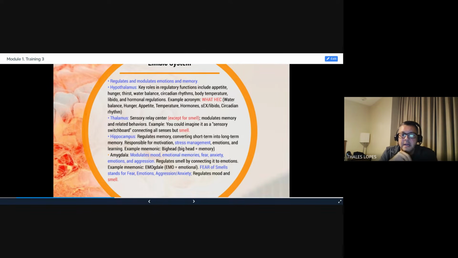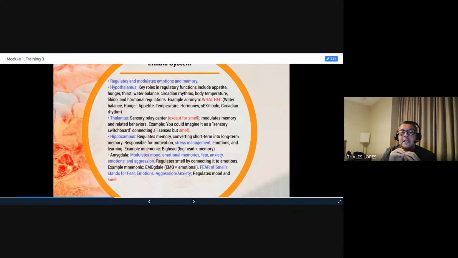okay? Now the amygdala modulates mood, emotional memories, fear, anxieties, and aggression. So people often confuse aggression with stress. If the question says stress, pick hippocampus.